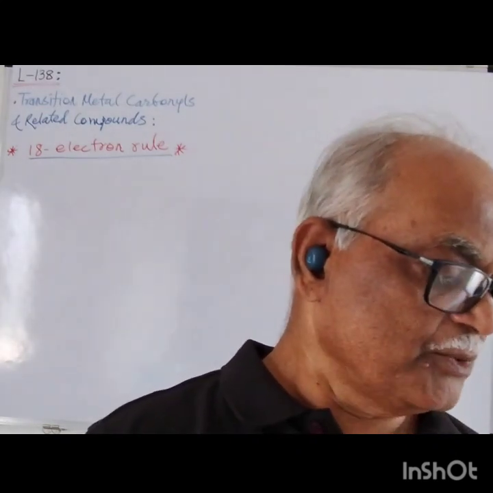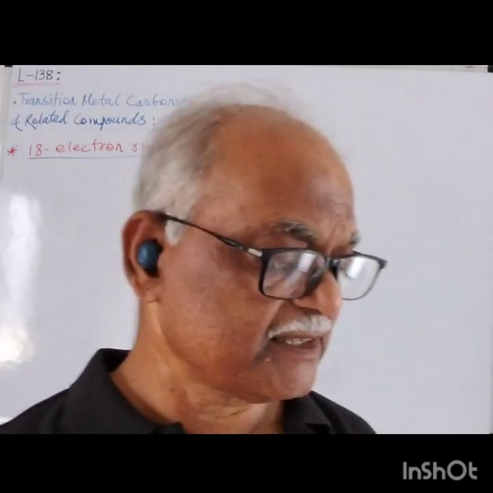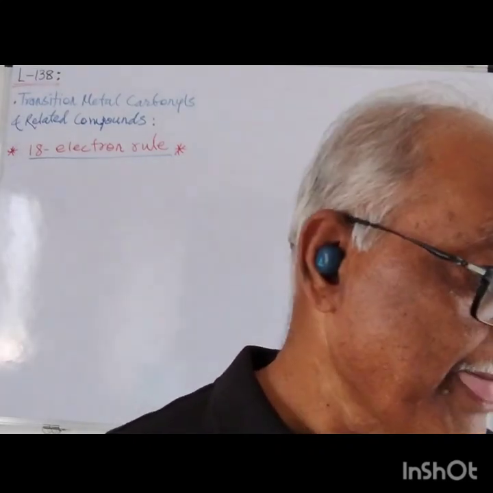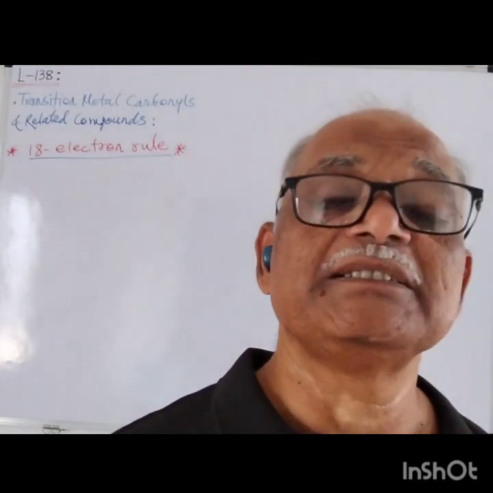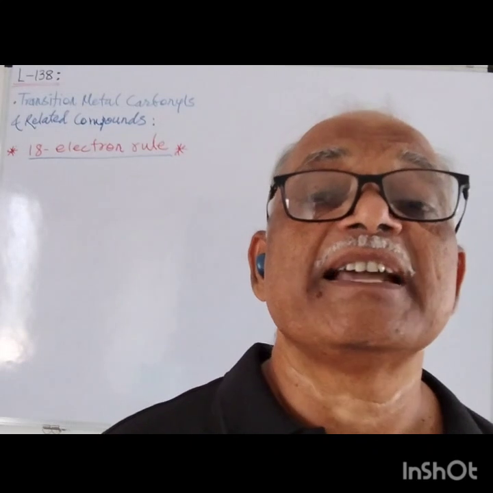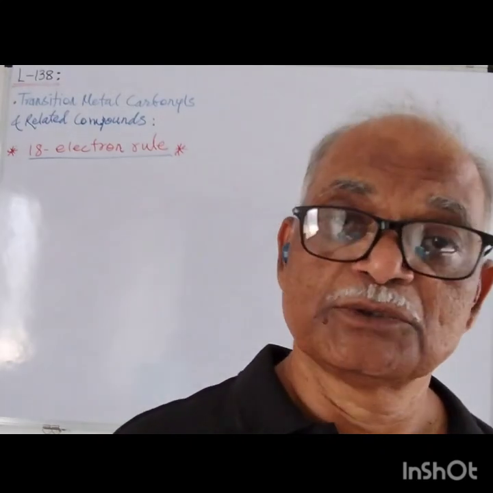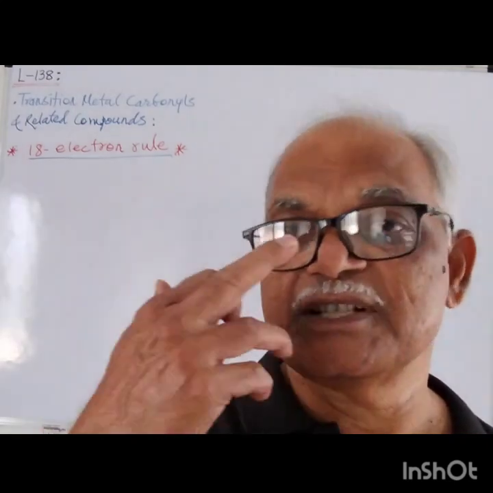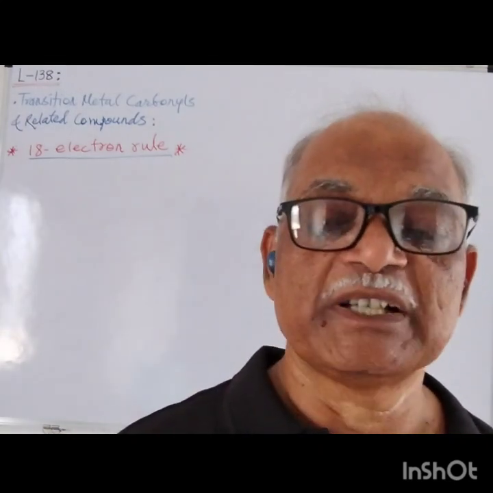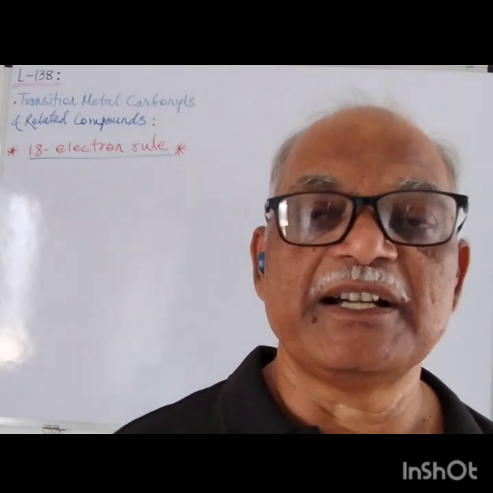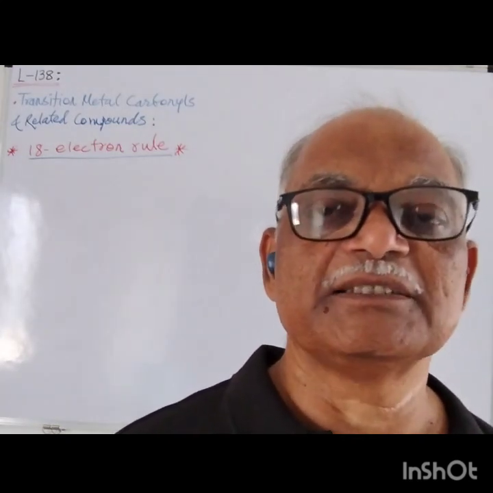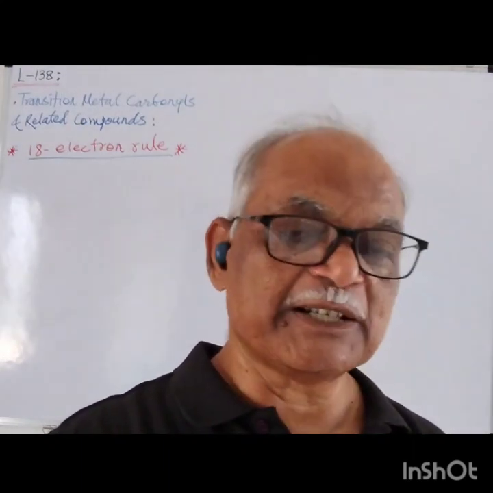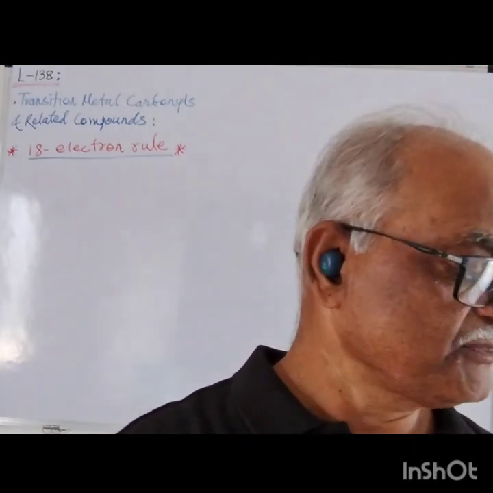This is also called the effective atomic number, and this number is the atomic number of the next inert gas to the concerned metal ion. For example, if we are considering the 3d series of transition metals, then the next inert gas is krypton with atomic number 36.